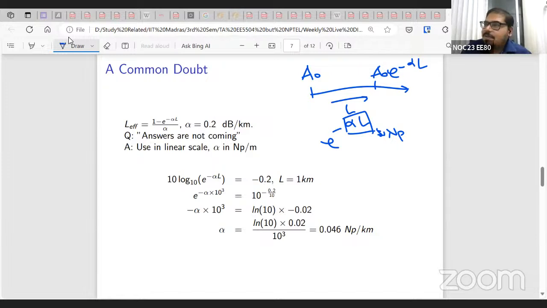That number we say has the unit of neper, and L will have the unit of meter, some length. So alpha will have the unit of nepers per meter. So when you do alpha times L, you have nepers per meter multiplied by meter. That will give some unitless number.